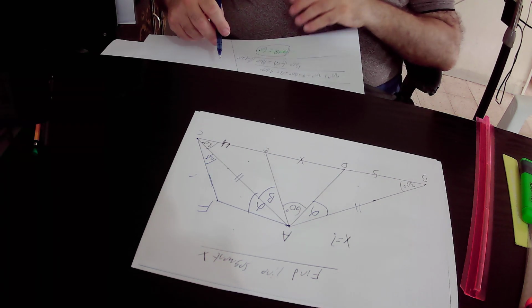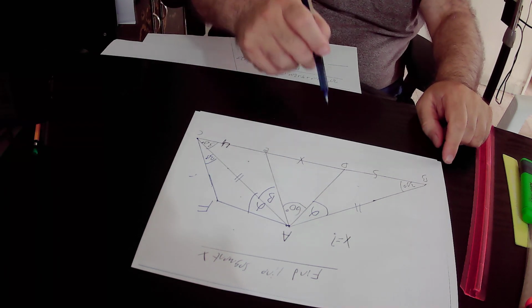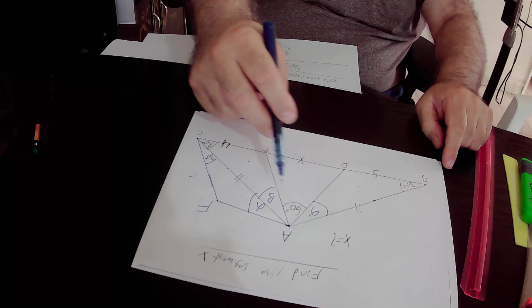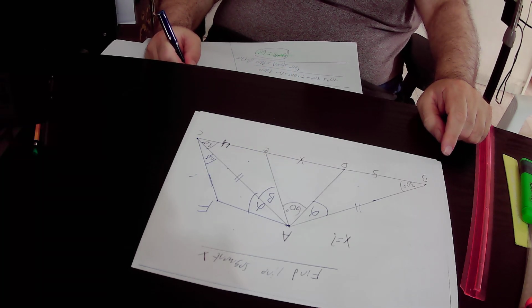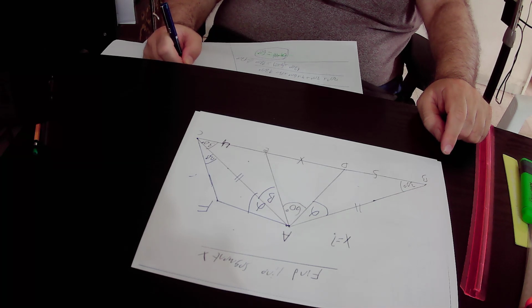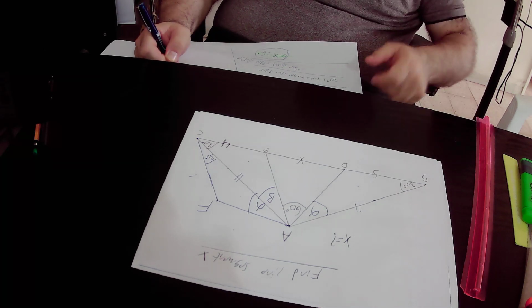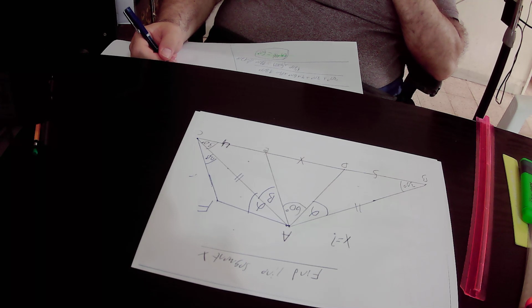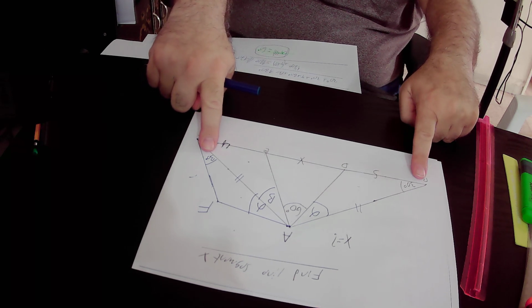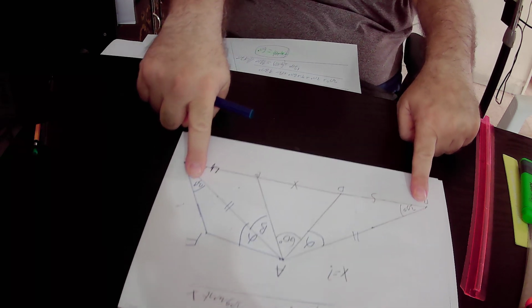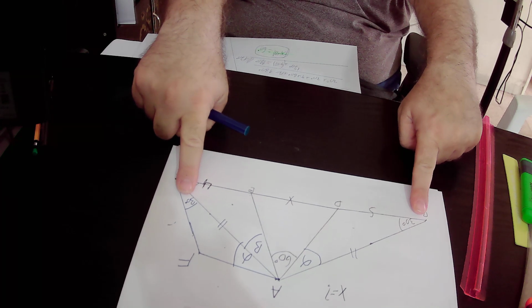In addition, we have already proved that side AB equals side AC. And finally, those two angles are both equal to 30 degrees, therefore they are equal to each other.